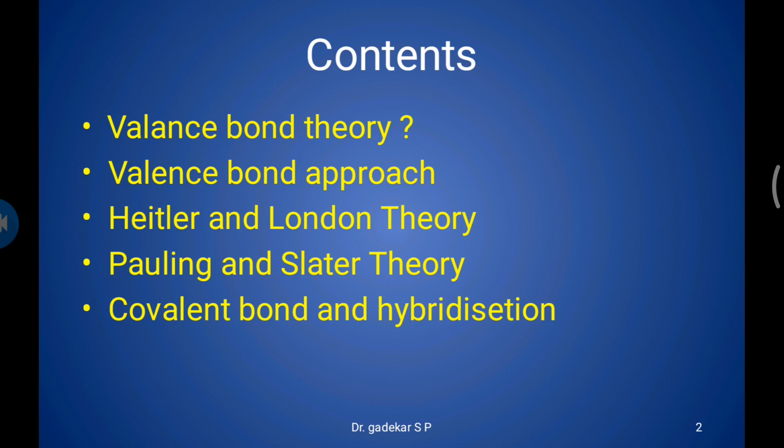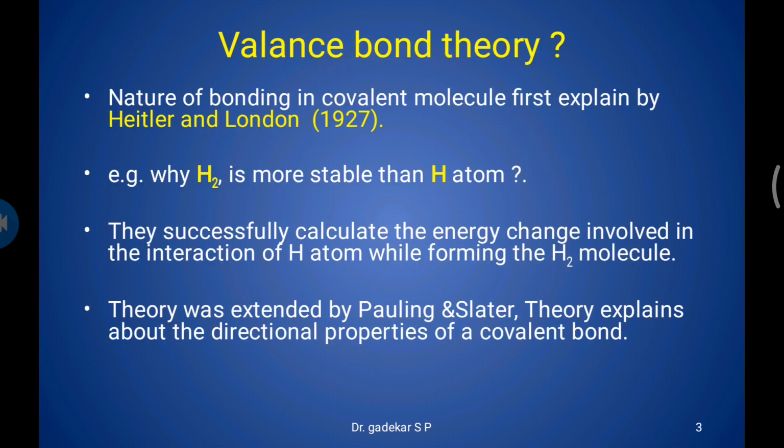The nature of bonding in covalent molecules was first explained by Heitler in 1927.